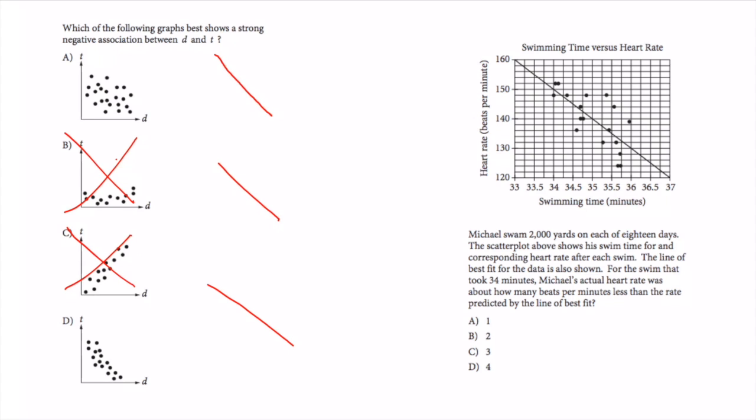I'll draw 3 separate ones here. Okay, a strong negative just means all our points lie pretty well in a straight line. They're all close to that line. Okay, which in this example, our answer would be D.